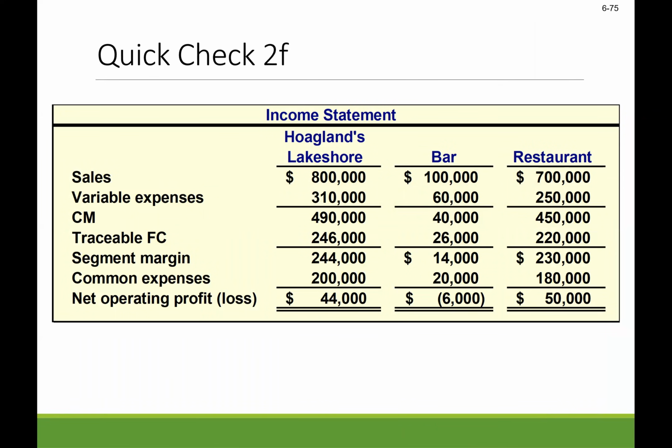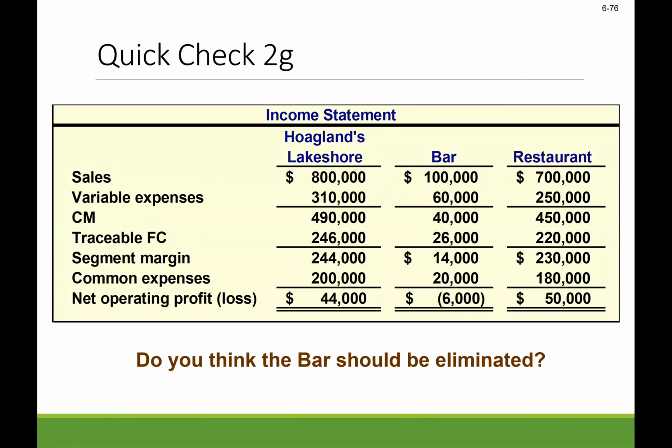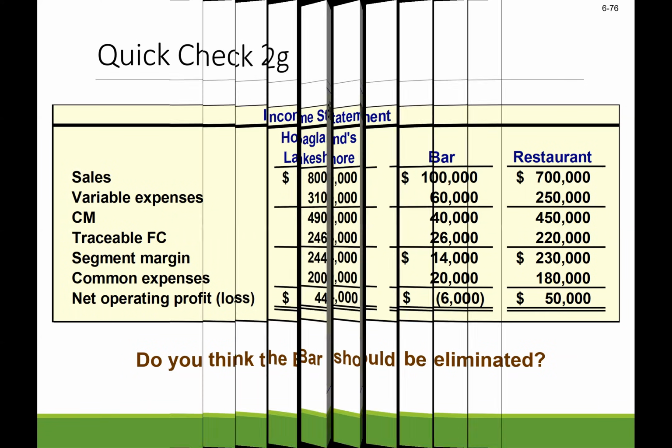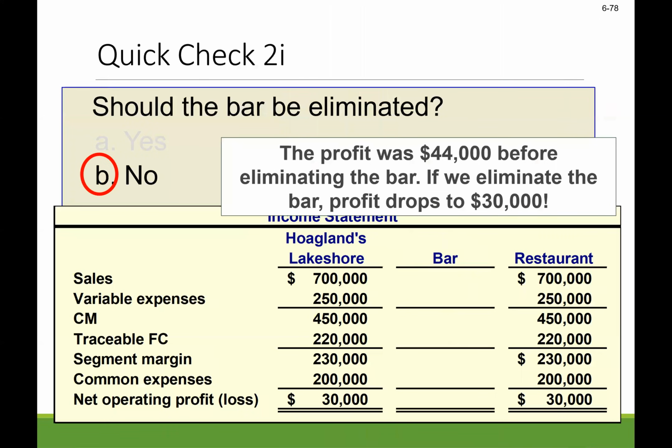The bar would be in the hole. But should the bar be eliminated? No. The bar is profiting. So if you take those common costs and make that into your decision to reduce the bar, it's not a wise choice. Those costs are going to be incurred no matter what. Why reduce the bar?